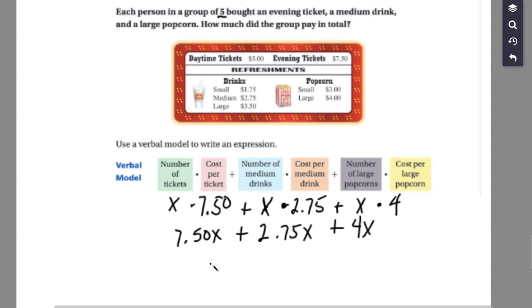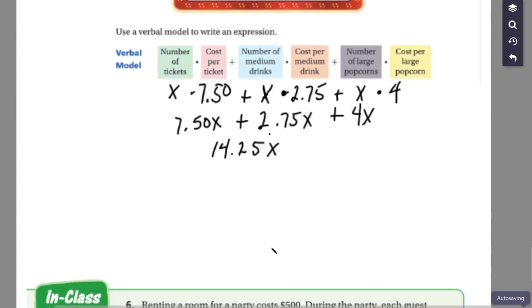Okay, so then we're going to combine the like terms. All of these have an X in them. 7.50 plus 2.75 plus 4. So when you add those together, we get 14.25X, like that right there.